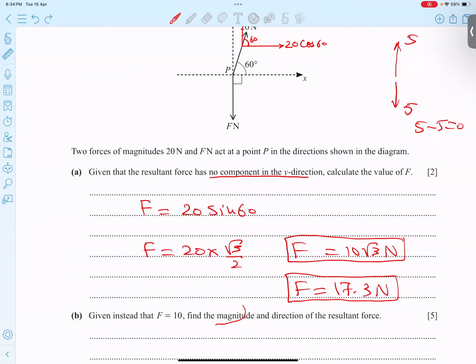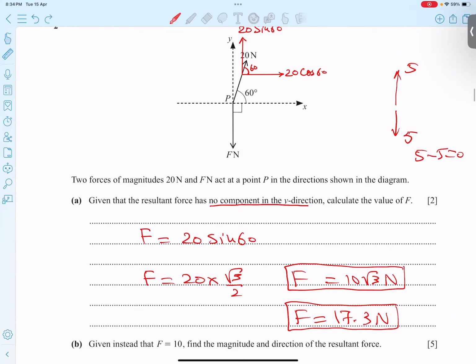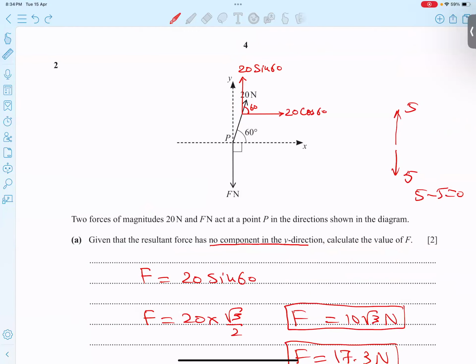Okay. And find the magnitude reduction of the resultant force. So it means I will find Rx, and Rx is naturally what? This is Rx alone. The reason is because no force is acting left and right after this. So I'm writing 20 cos 60. 20 cos 60, if you check it, sine 60 is a half, and I get Rx is equal to 10 newtons.